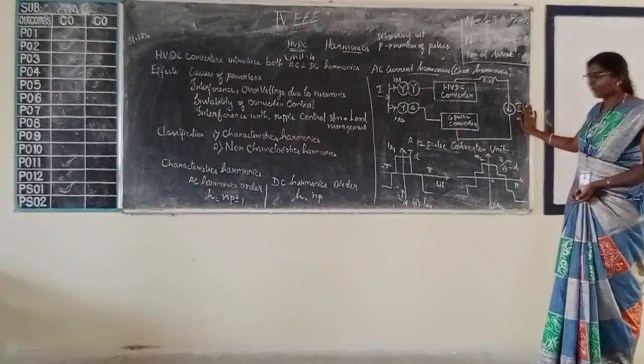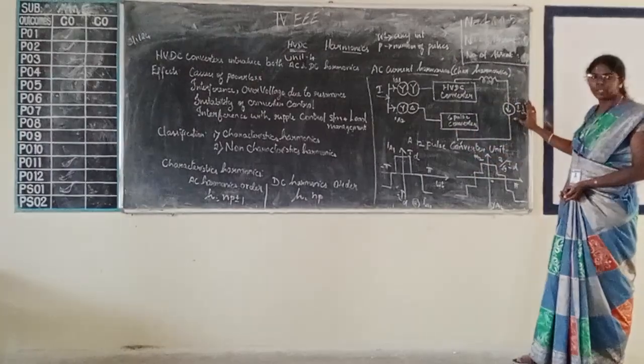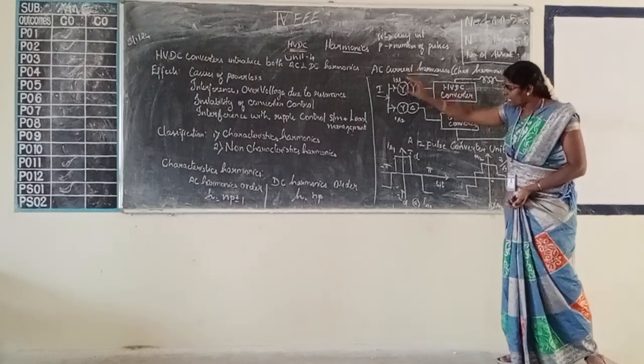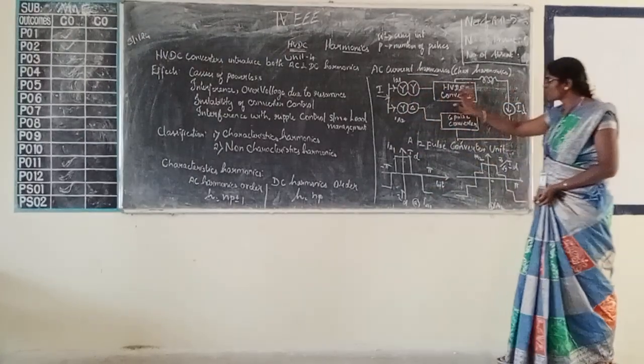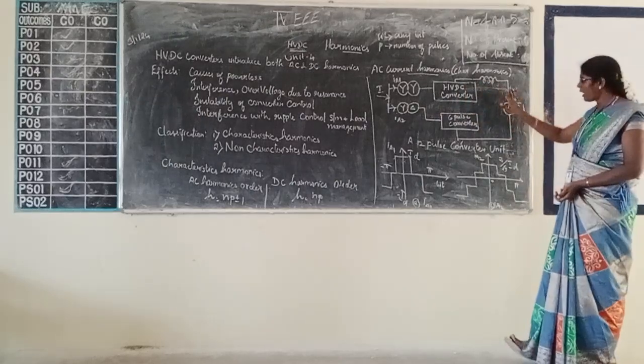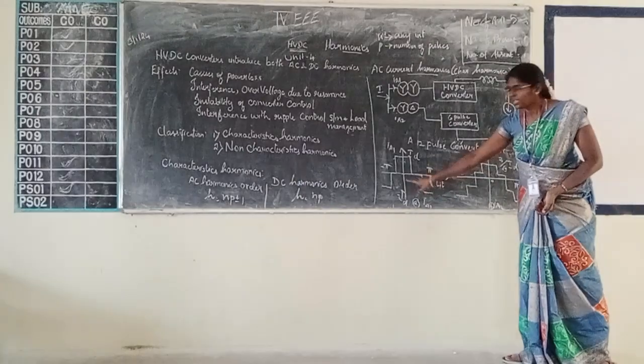How the current ID will be, and what the current IA1 is, the graph is given. When the current IA1 goes to this HVDC converter, ID is in the form of this waveform. Kindly see the difference in the pulsation rate.